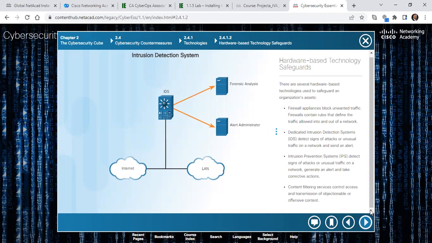Content filtering services control access and transmission of objectionable or offensive content. All these tools are tools that an organization must have.